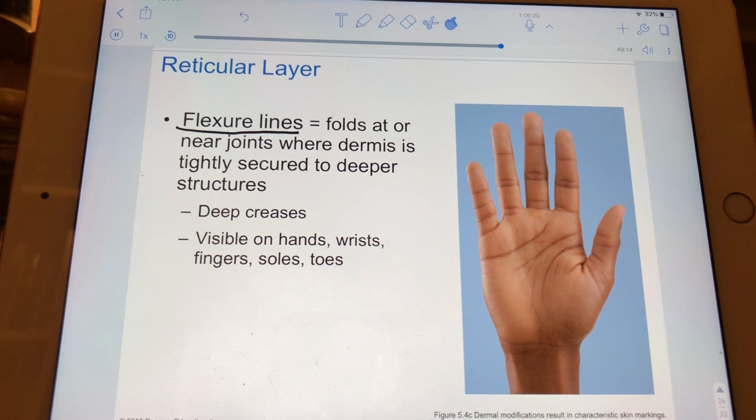And because we use these joints a lot, the dermis tends to be even more stapled to deeper structures. So that helps to create that crease. We can see flexure lines mostly on the soles of our feet, on our palms, on our wrists. If we're getting our palm red, what we're really getting red are our flexure lines.